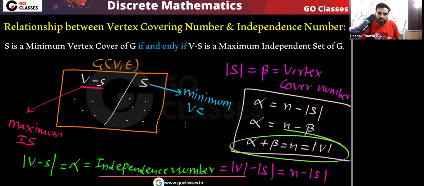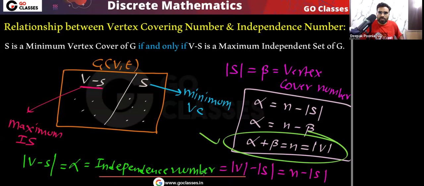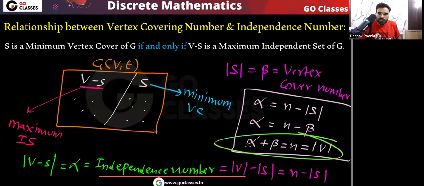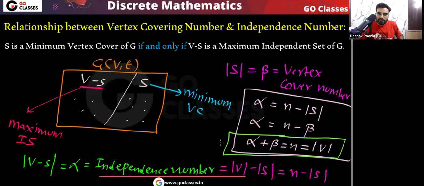With proof we have seen this equation. This is an important equation. Is this clear? Let me know. Remember, alpha is the independence number, the size of the largest independent set.